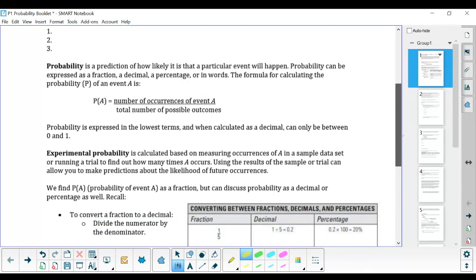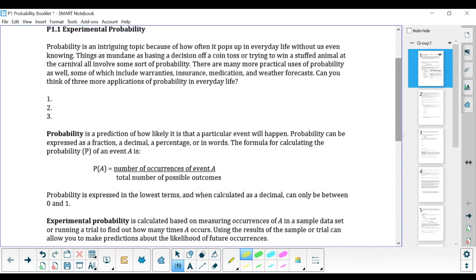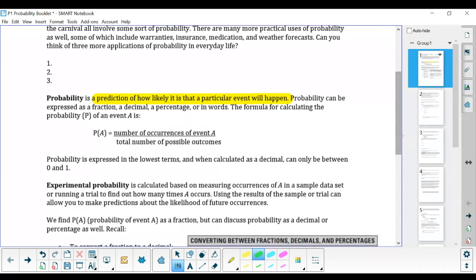Now, probability is defined as a prediction of how likely it is that a particular event will happen. We can express probability in a couple of different ways: as a fraction, a decimal, a percentage, or in words.